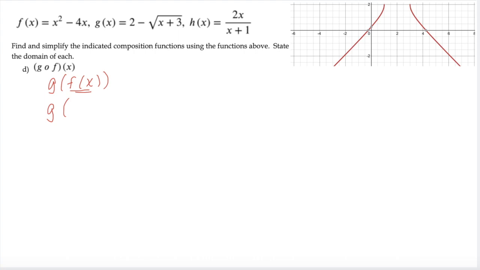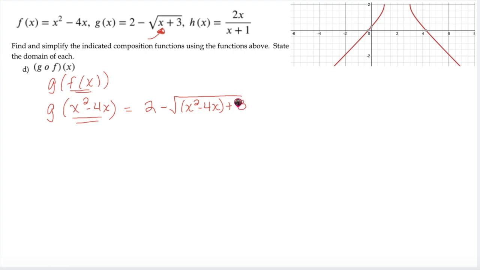My f of x function is x squared minus 4x. So I'm going to look at my g function, and everywhere I see x here, we're going to replace it with x squared minus 4x. This will give us 2 minus the square root of x squared minus 4x plus 3.